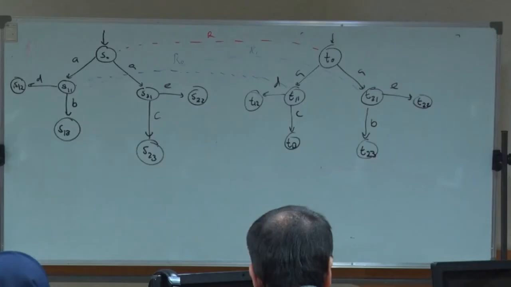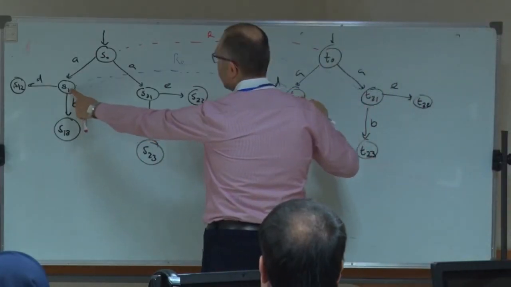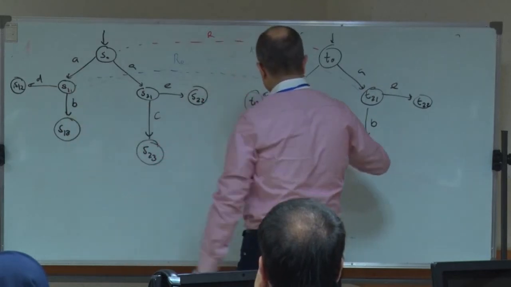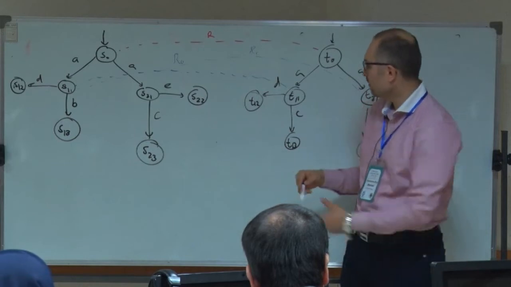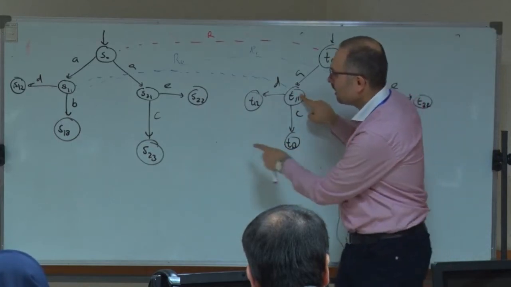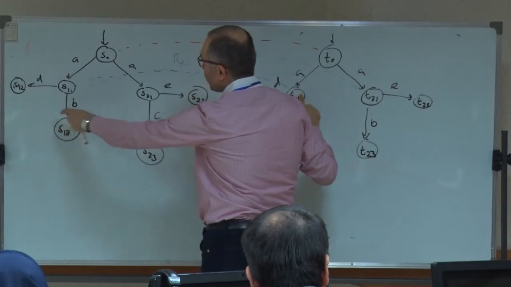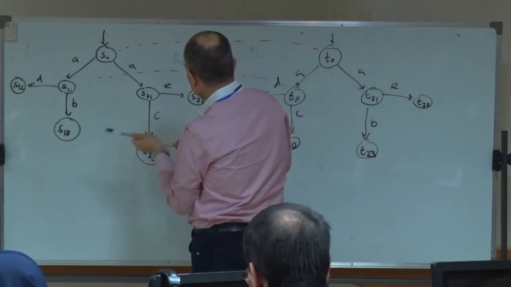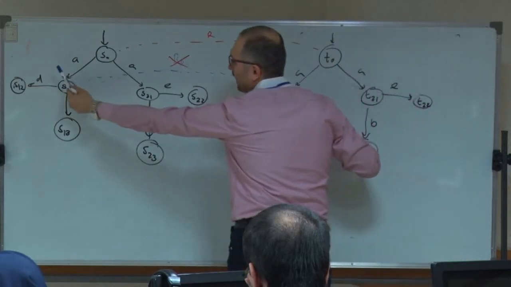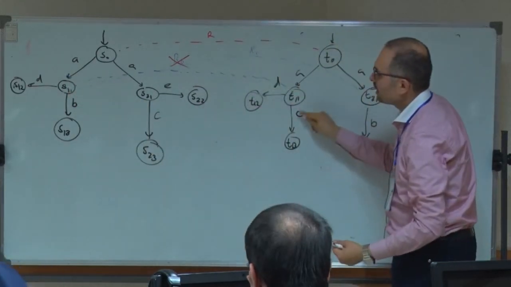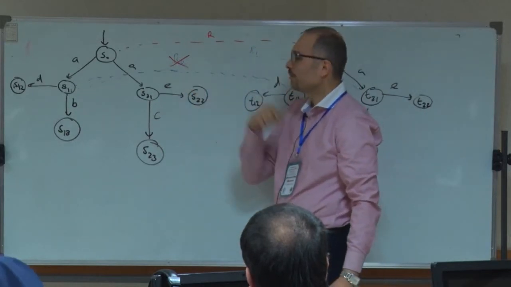Well, it's not about choice, right? Assume that these two are bisimilar, right? This one can do a C. Show me on the other side how you can mimic the C. That's not possible, right? T11 can do a C. S11 does not afford an outgoing C transition to mimic it. So R0 cannot be a bisimulation relation, right? These two can never be related because T11 affords a C. This one does not afford a C. So this one fails.